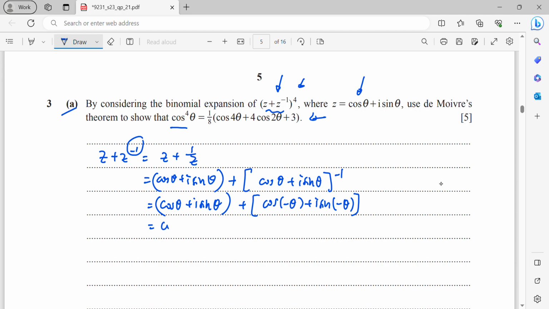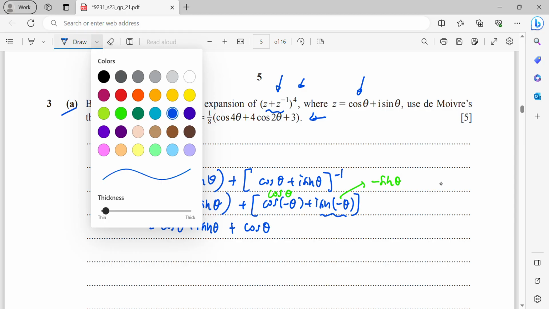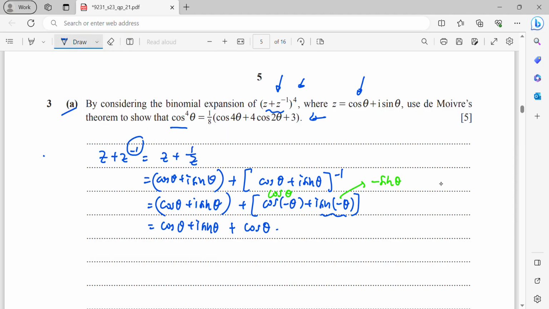Then from here, I will get cos theta plus i sin theta, then plus cos negative theta is basically cos theta. Sin negative theta is negative sin theta. This is cos theta, positive value. So here minus i sin theta. Then at last you will get 2 cos theta. This is our result. Okay, then now you need to get z plus 1 over z to the power 4.